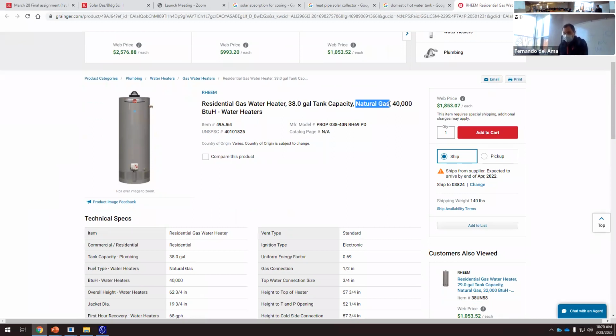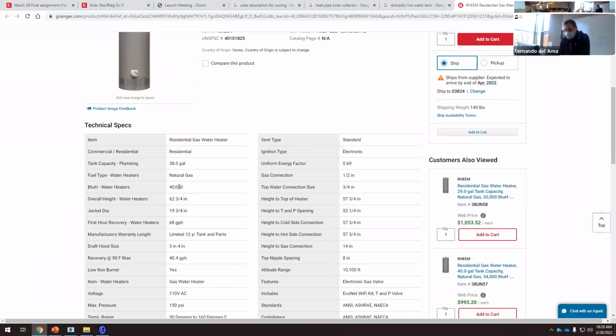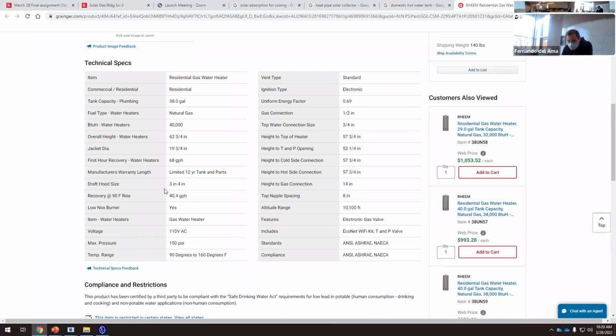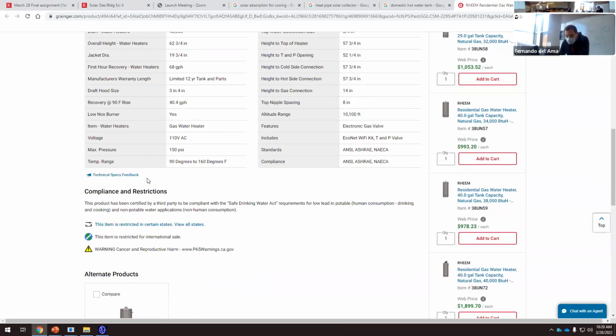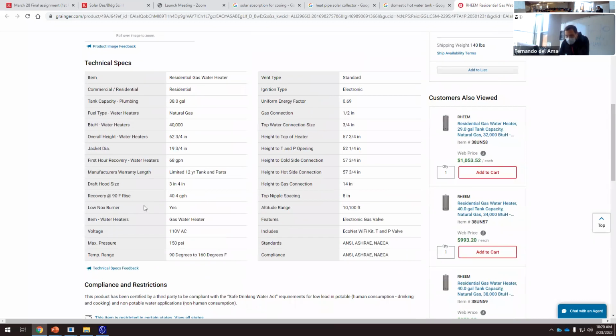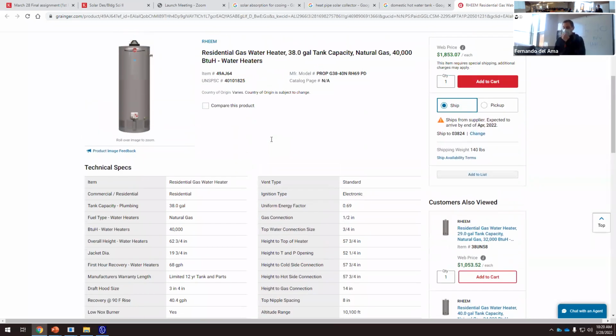It can be combined with natural gas, with a natural gas water heater. And do we have information about the UA? No, we don't. We don't have any information about the insulation. Anyway, this is something that we need to find out.